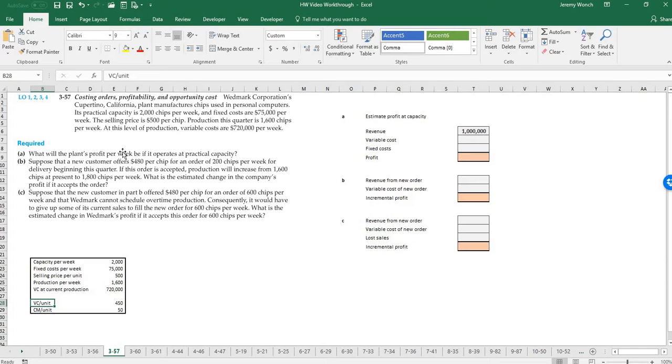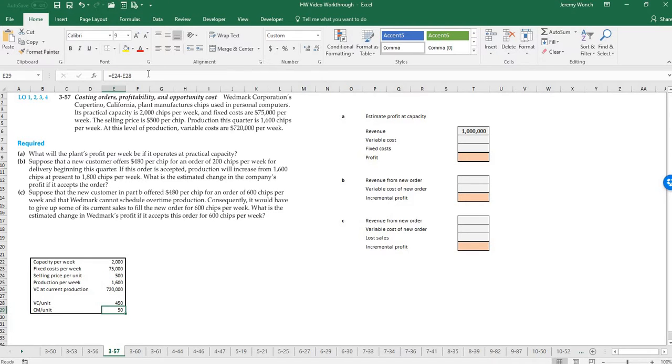However, this part of the problem is having us look at what's our profit if we actually operate at 2,000 chips. So we calculated our variable cost per unit, which is going to be the 720,000 divided by the 1,600.